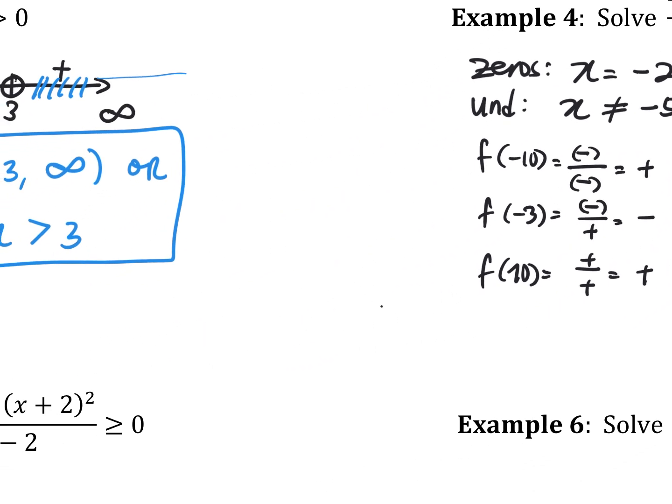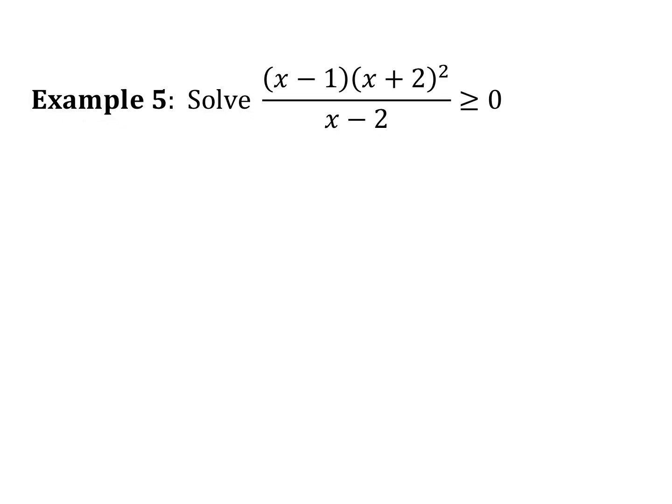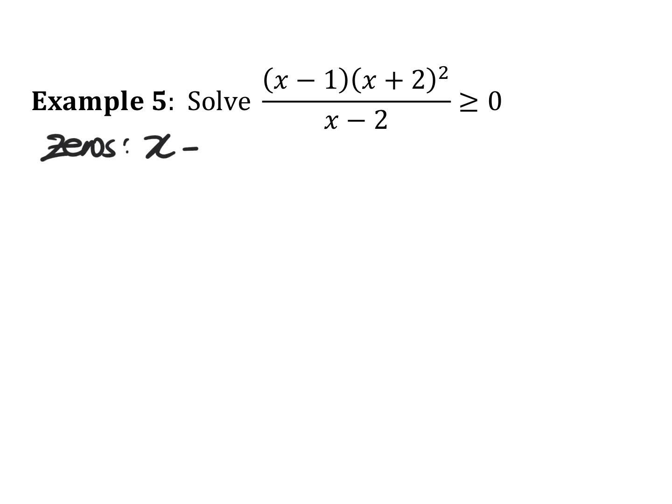Let's go for the next one. Example number 5. Here, let's first look at the zeros. The zeros are located at x equal to 1 and negative 2 with a multiplicity of 2. Now, the undefined part is located at x not equal to 2.